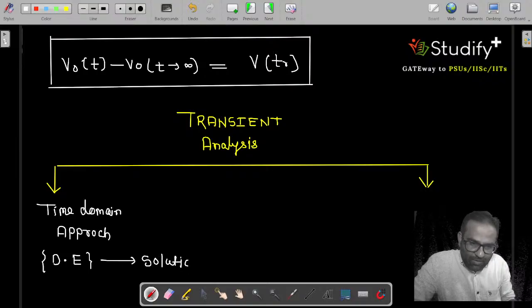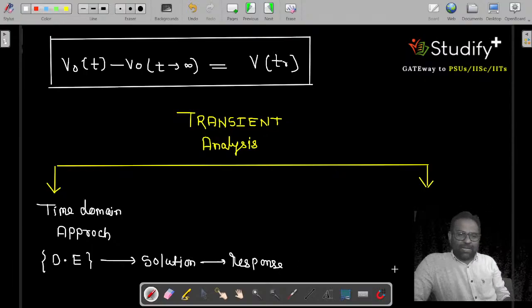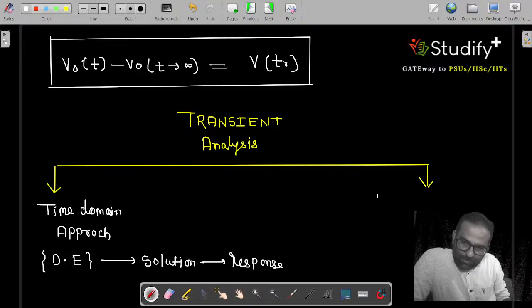The solution of the differential equation is the response of the circuit. Correct? What is the second approach? The second approach I will use is known as the Laplace transform approach.